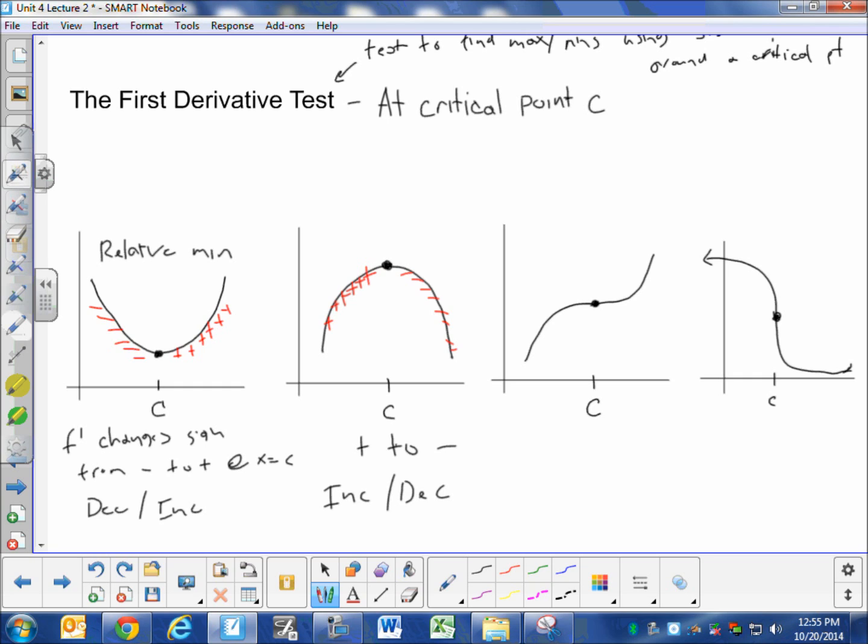Since it's going from increasing to decreasing from the left to the right, we would consider this point a relative max. For both of these, f prime changes sign. If f prime changes sign, you could have a max or a min.